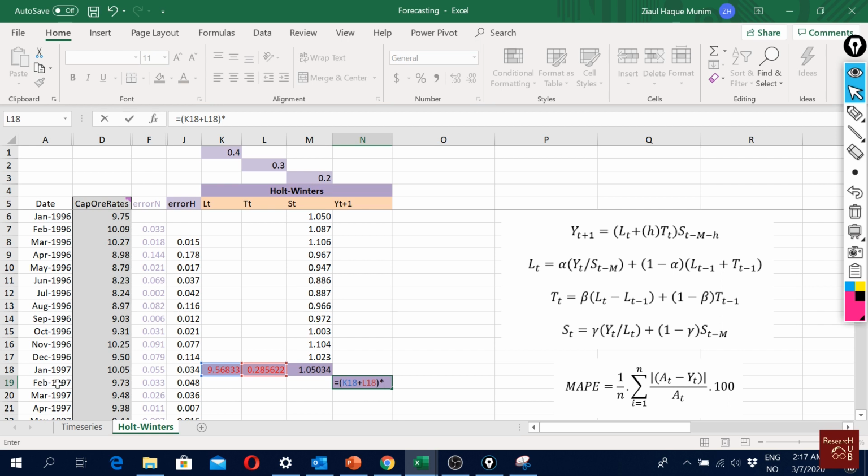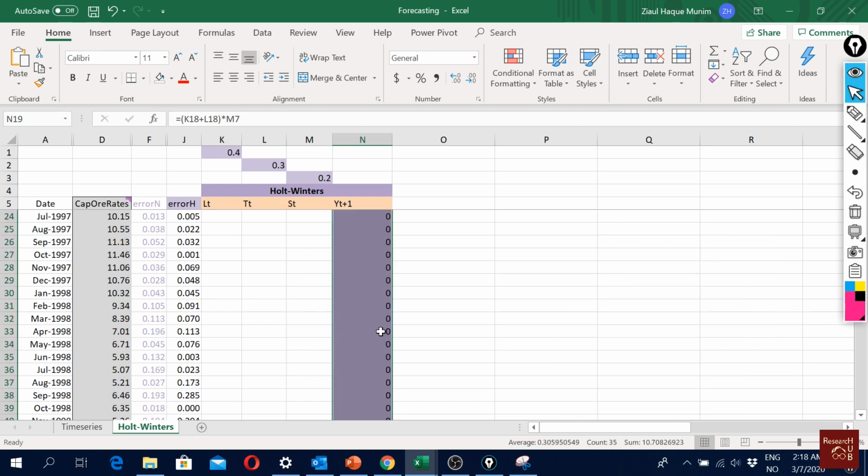So we are in February now, so that would be February last year, right? And then we press enter, and this is our value. So this is my value for the forecast for February 1997, and if I just double click it, I will have all the information placed there, but they are empty because we haven't done much.